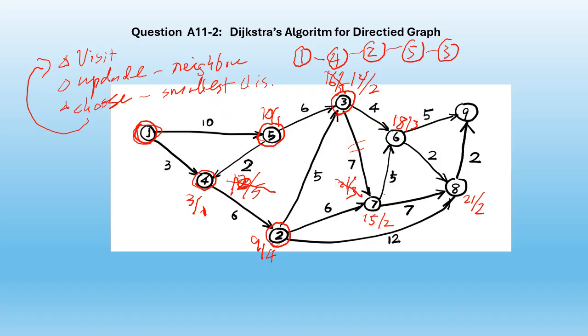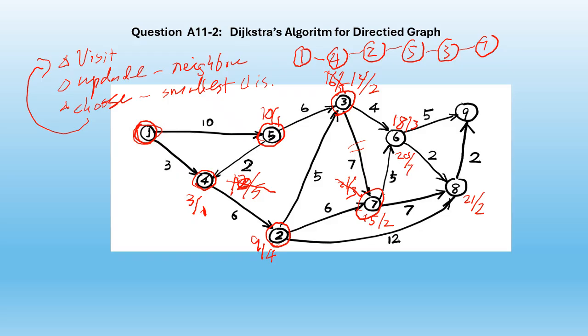Now what's next? You have 3 numbers: 15, 21, 18. Which one? 15 is the smallest. Therefore, visit number 7. So this sequence is 7. So you must get the number 7. Then update: 15 plus 5, you get 20 from 7.